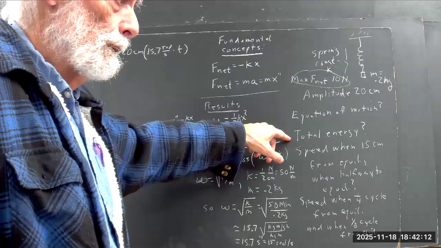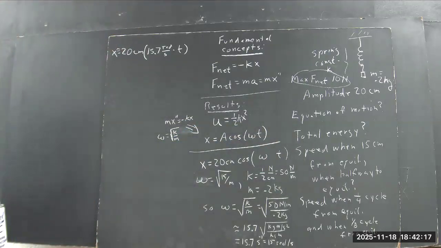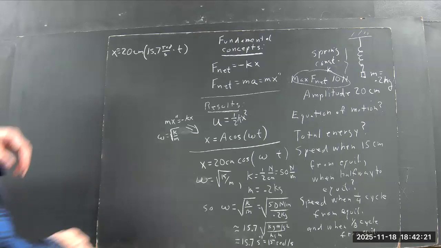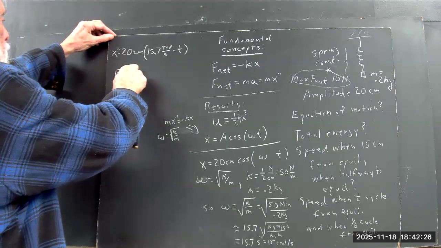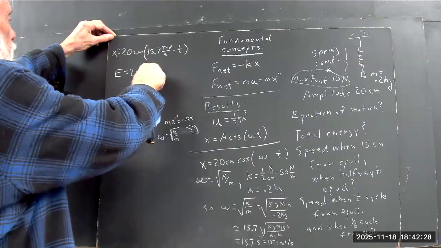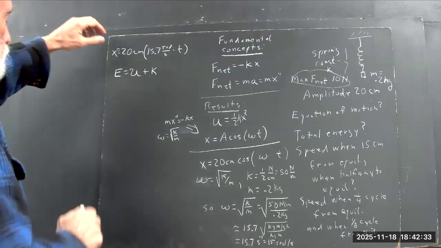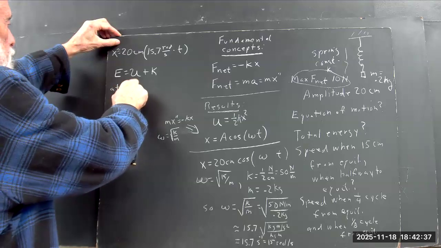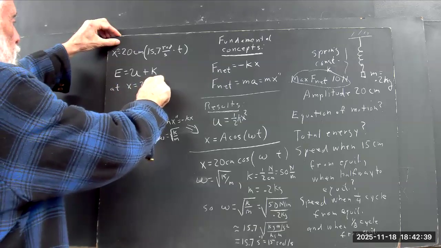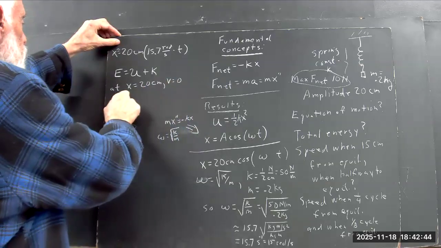So you got the equation of motion. What's the total energy? Work out the total energy. Okay, total energy is potential energy plus kinetic energy. At x equals 20 centimeters, v equals 0.